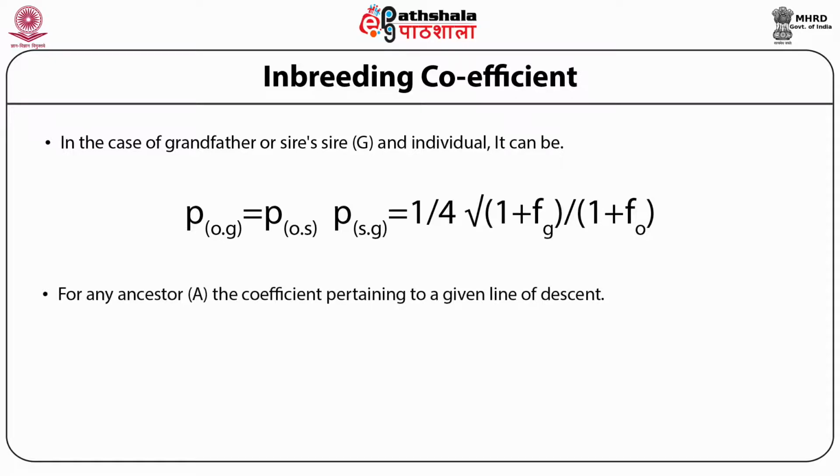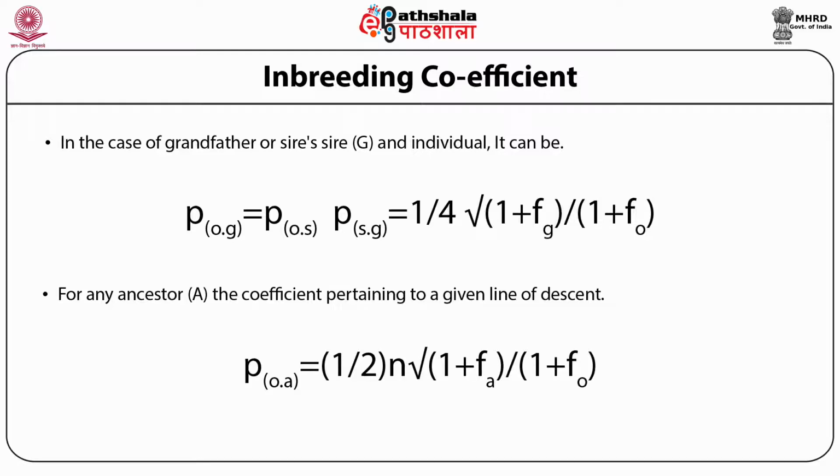And for any ancestor A, the coefficient pertaining to a given line of descent is POA = (1/2)^n √((1 + FA)/(1 + FO)), where n is the number of generations between them in this line.